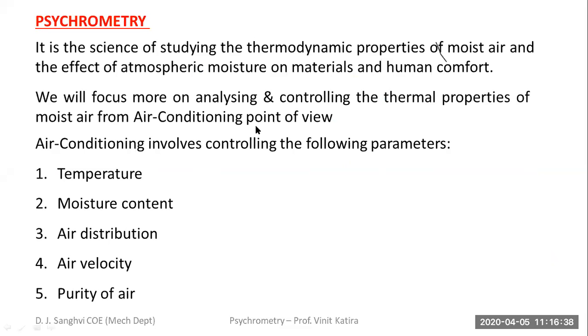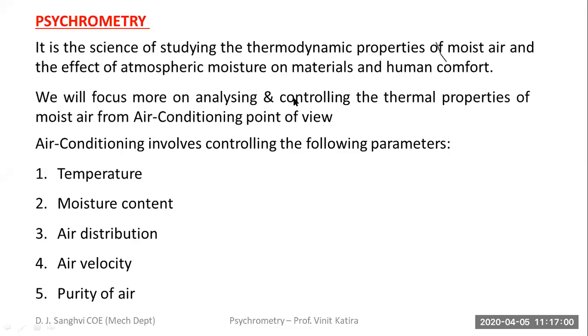Okay, so as you know already, psychrometry is the science of studying the properties of moist air. Now moisture is part of the other constituents of air. Air consists of other constituents like nitrogen, carbon dioxide, etc. All those things are there.